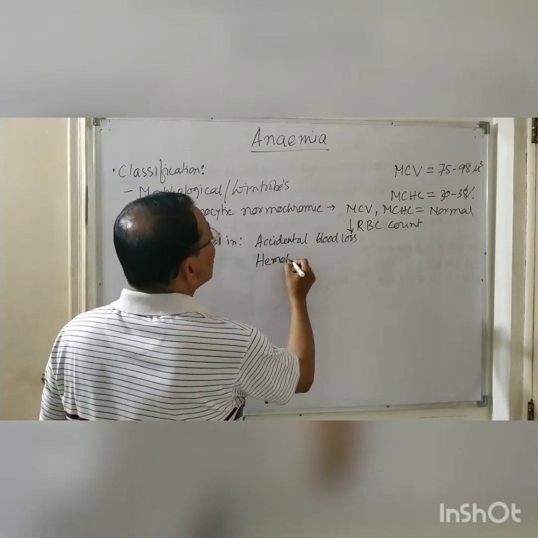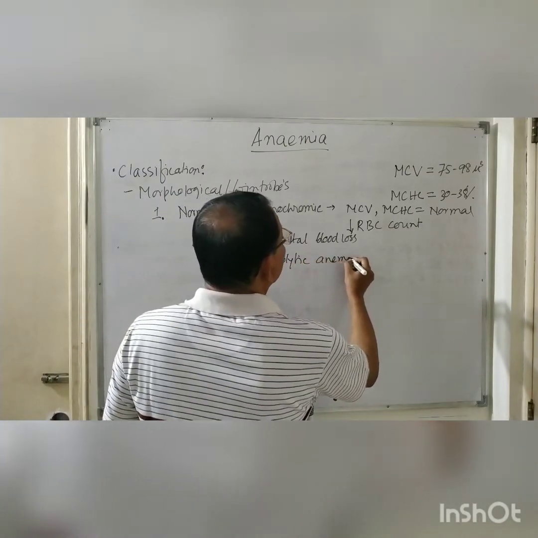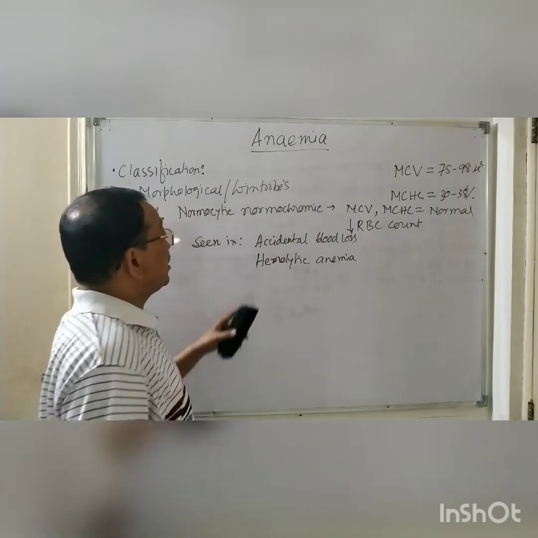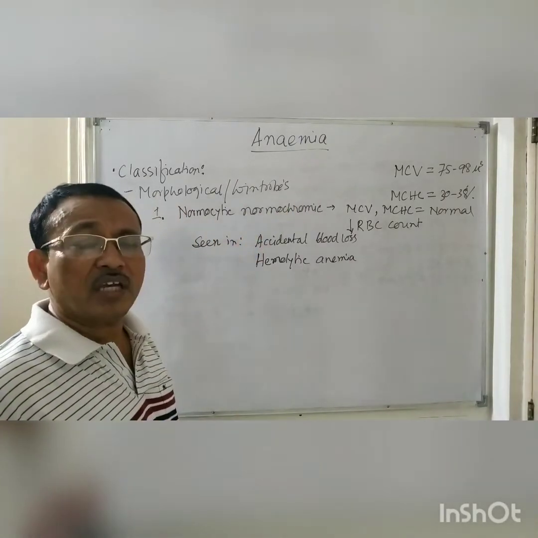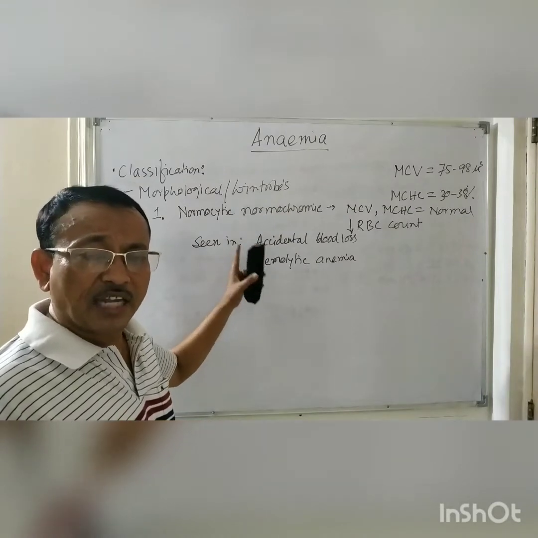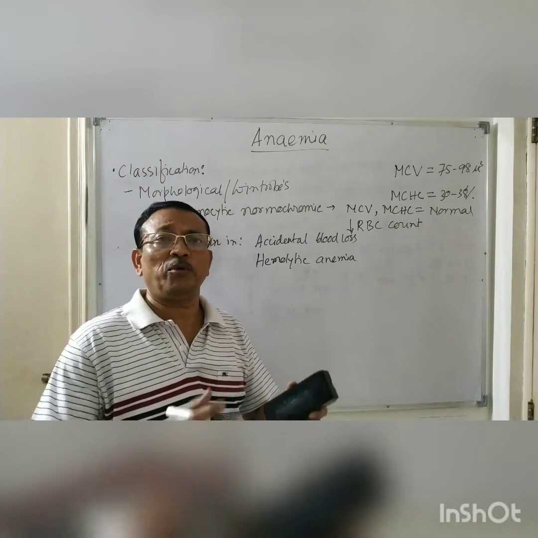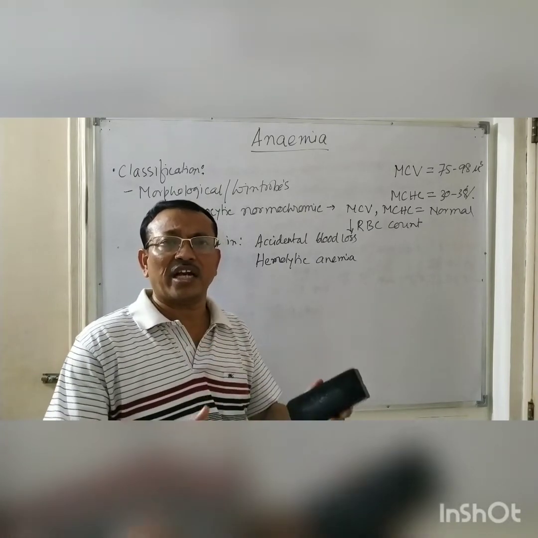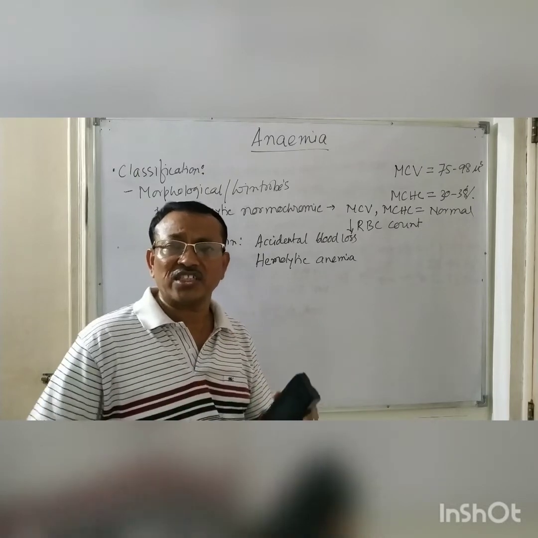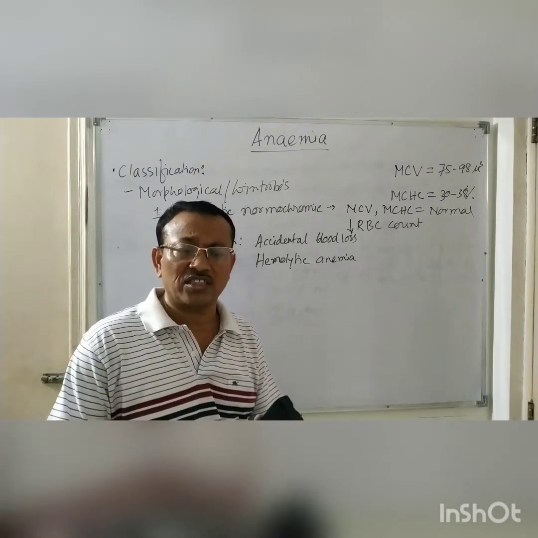hemolytic anemia. In hemolytic anemia also, this type of normocytic normochromic RBC can be seen. What is hemolytic? What's happening in this case? Because of some factors, it can be external, it can be internal, it can be some infections, some drug reactions, some antigen antibody reactions.